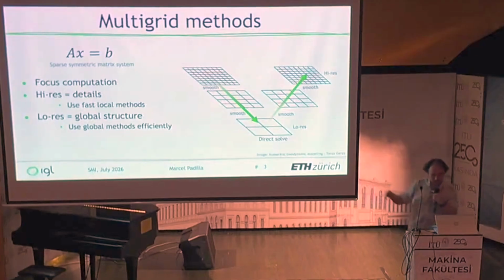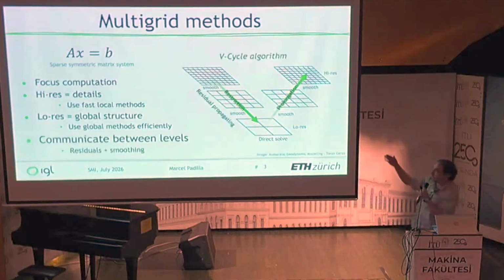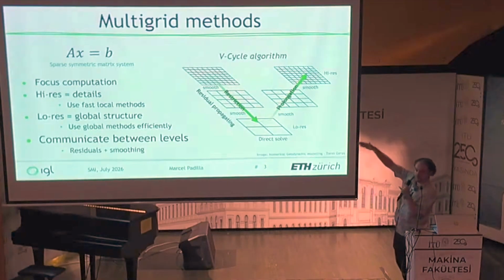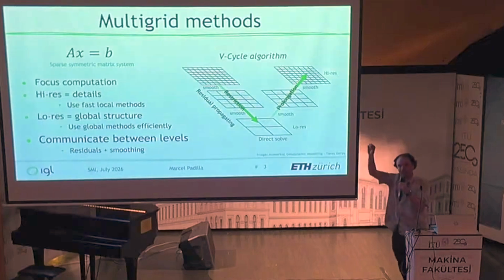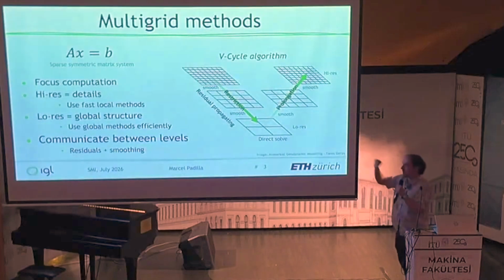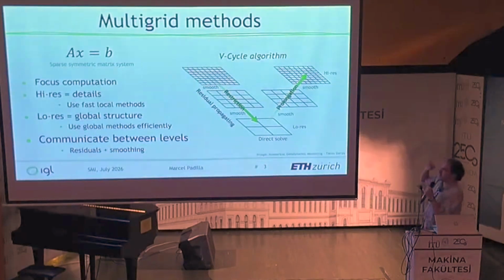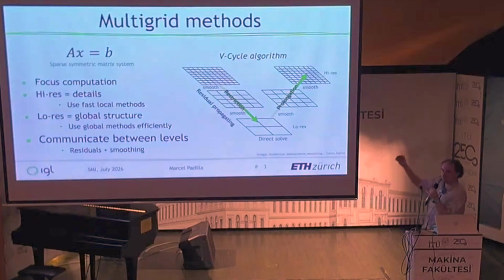And generally in multigrid methods, you want to communicate between these different resolutions. The basic algorithm is called the V-cycle algorithm because you travel down and up, and then down and up, and down and up again through this hierarchy, and you pass on the residual. It's basically the error. You pass it down, you solve it, then you pass it up again.